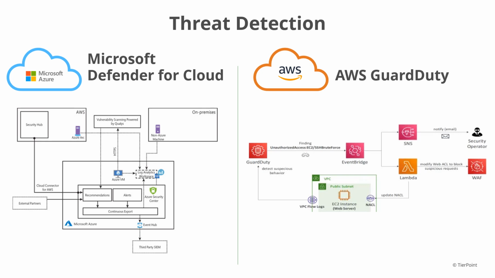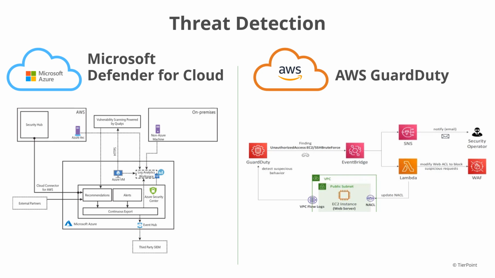In both Azure and Amazon Web Services, threat detection operates through two complementary frameworks: Cloud Security Posture Management and Cloud Workload Protection Platforms. In Azure, Microsoft Defender for Cloud provides CSPM capabilities in its free tier, continuously assessing security posture, while its paid plans deliver CWPP functionality for runtime protection of specific workloads.